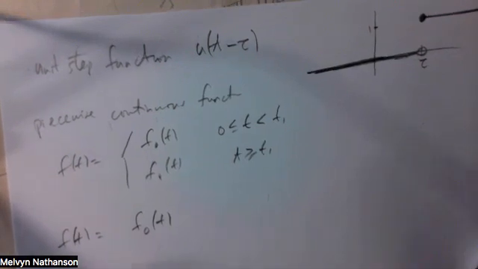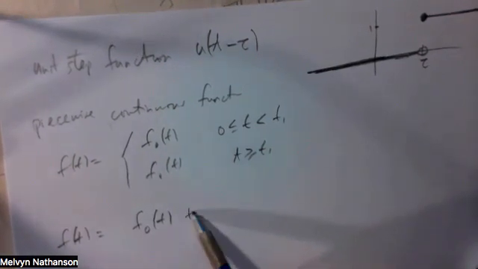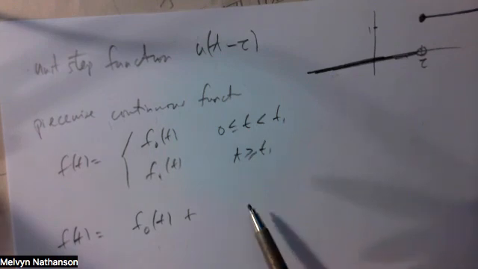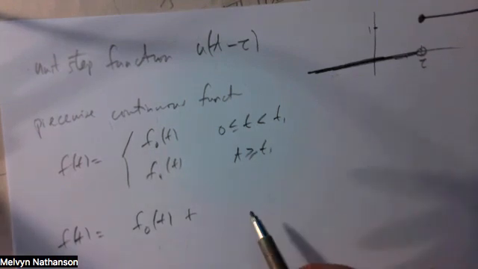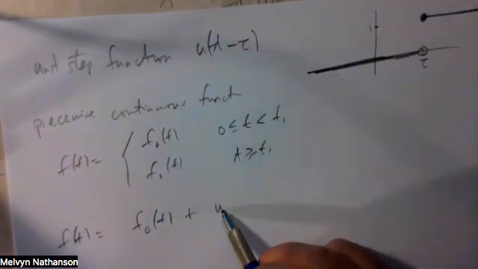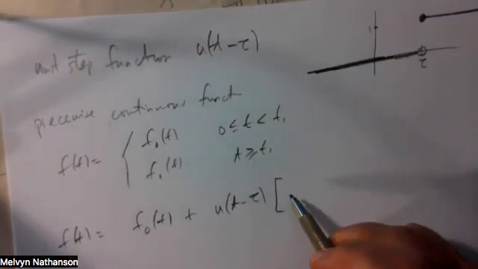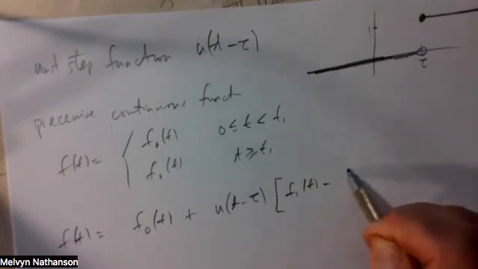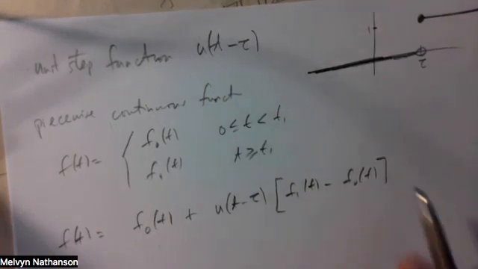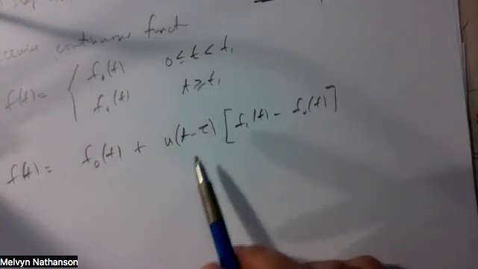So f naught of t, but I want it to be f1 of t once you hit tau. So let's say it's u of t minus tau, and then it's f1 of t minus f naught of t. So let's look at this expression. What is this equal to?